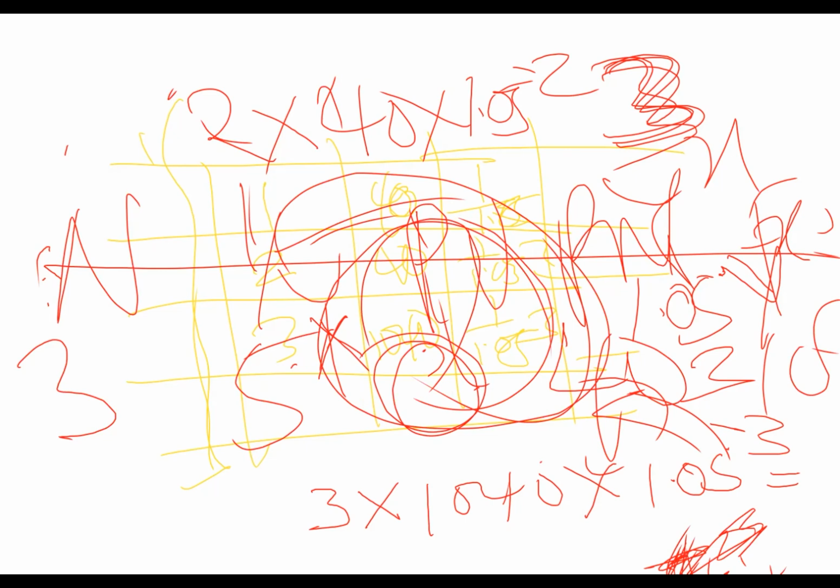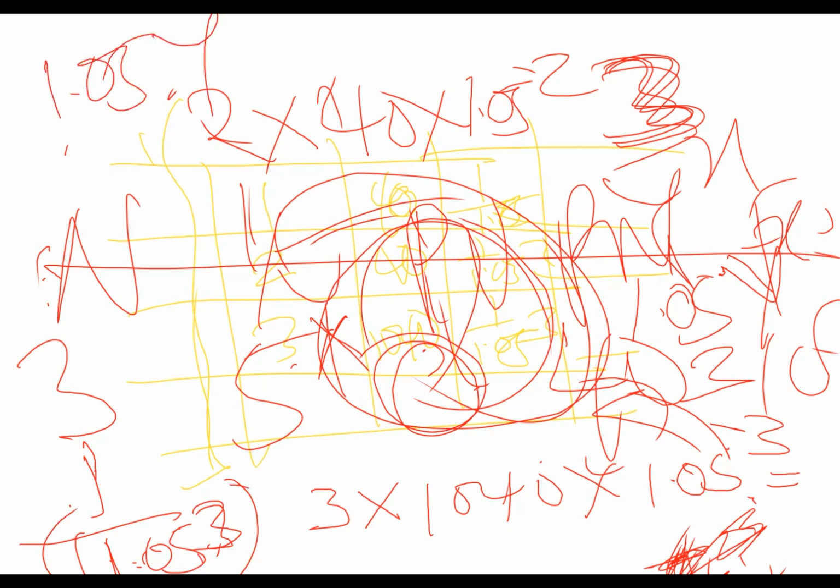So you need to use the inverse function. Inverse function is critical. The other way of using the inverse function is 1 over 1.05 raised to the power 3. You start from the denominator and say 1.05 raised to the power 3, which is 1.05 y x.